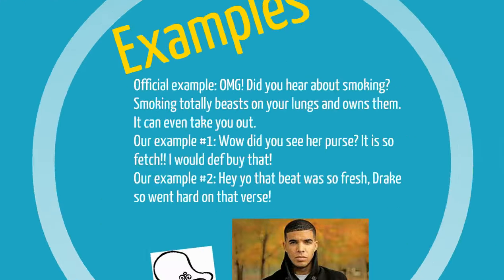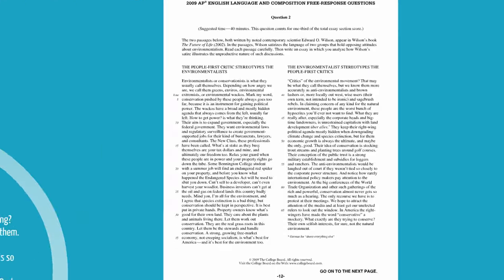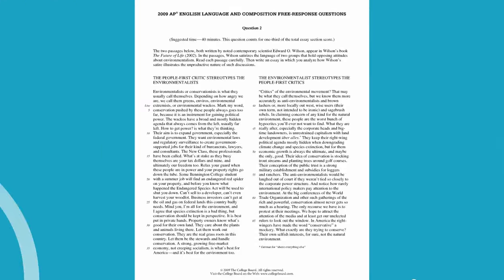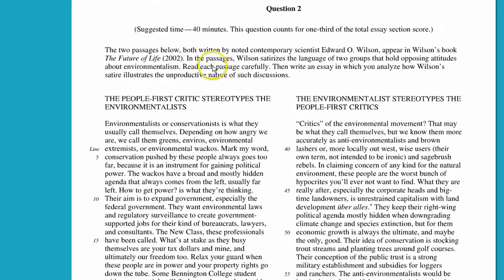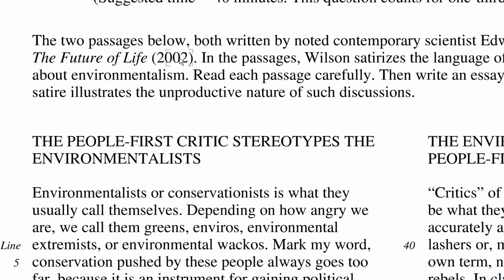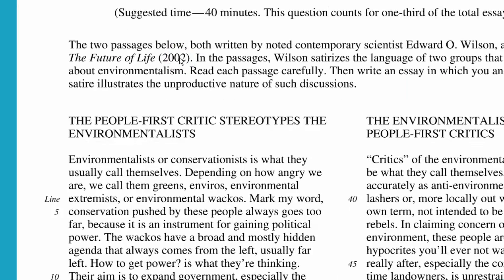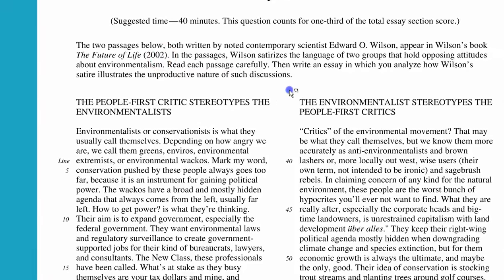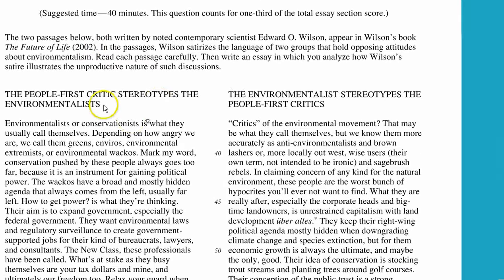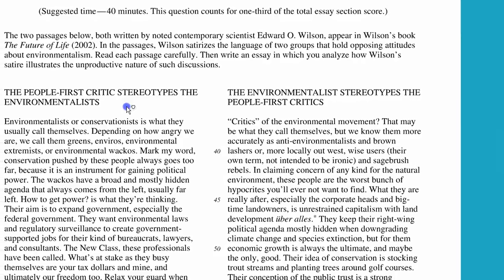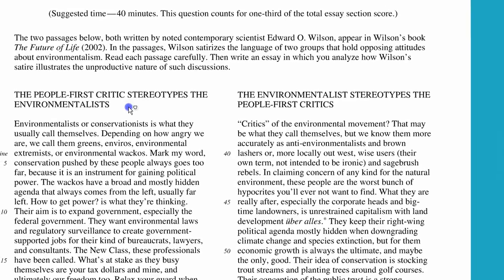So let's move on. How do you spot colloquialisms in a piece of writing? Well, that can be kind of tough because you actually have to know already who the audience is. This piece was written in 2002, so that gives you a little bit of an idea of who the audience is. Both of the passages here, the one on the left and on the right, are written by the same person, Edward O. Wilson, and appeared in his books.